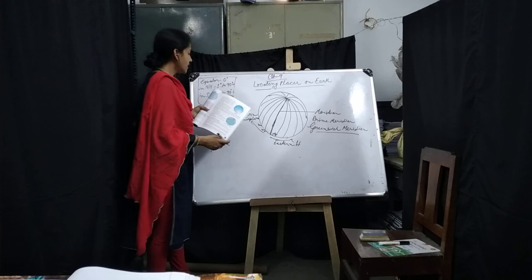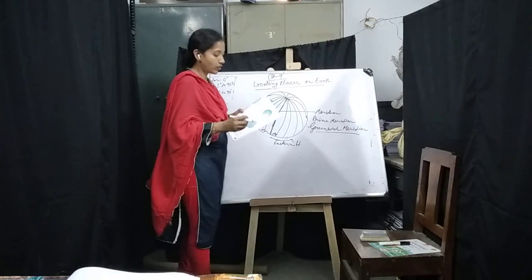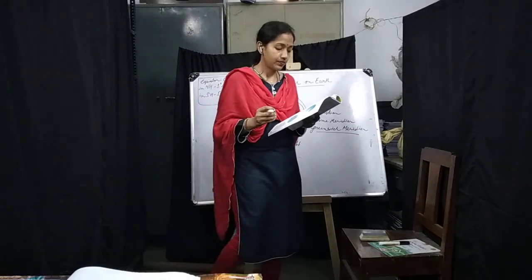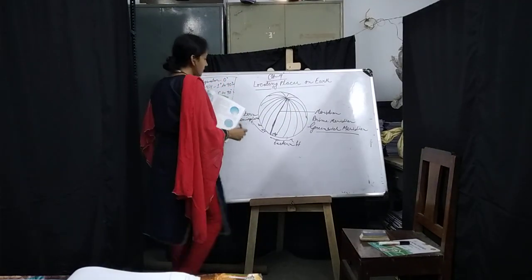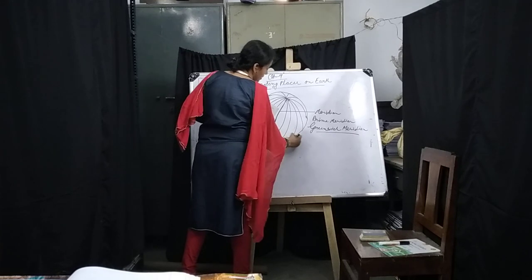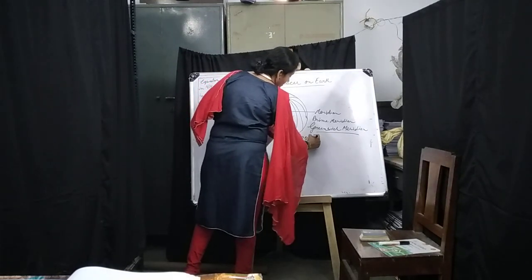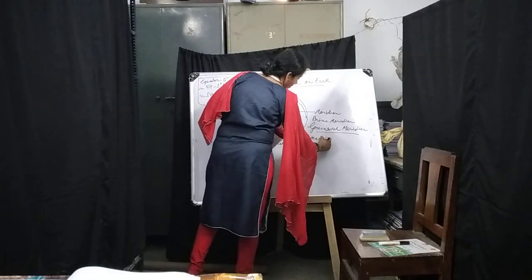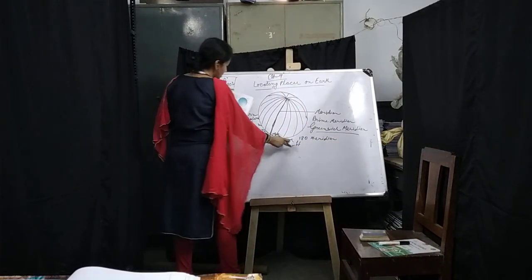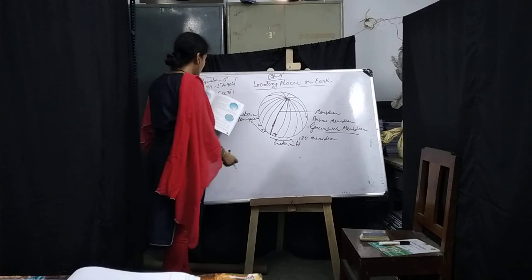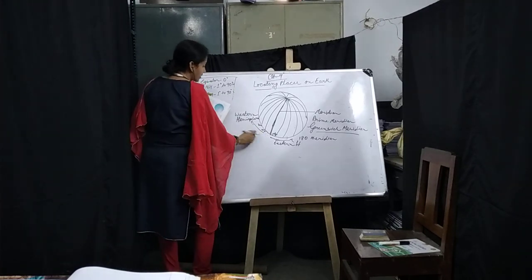So all the other meridians are numbered from the prime meridian. And the total number of meridians is 180 in the eastern hemisphere and 180 in the western hemisphere.